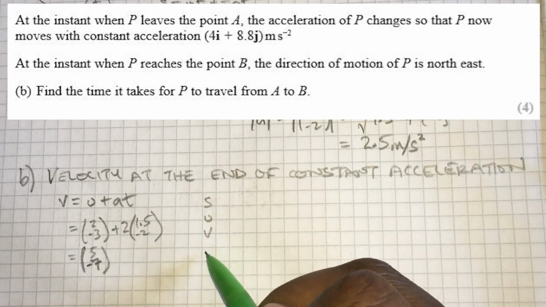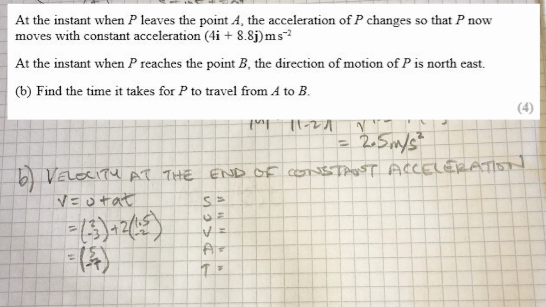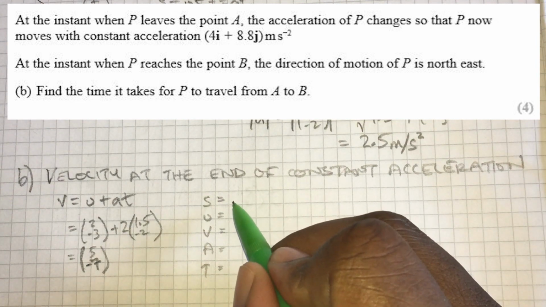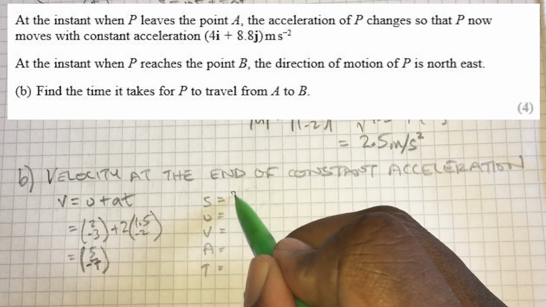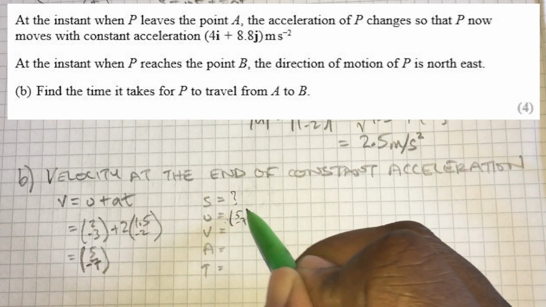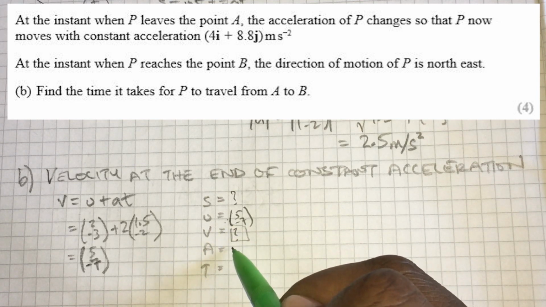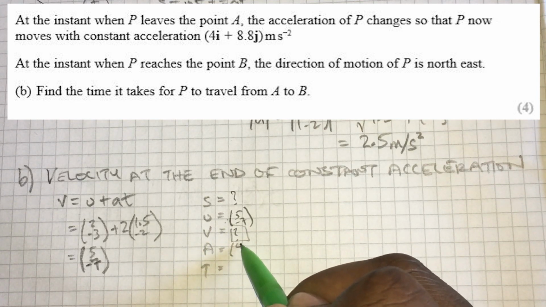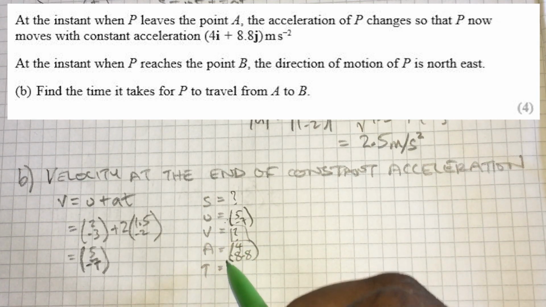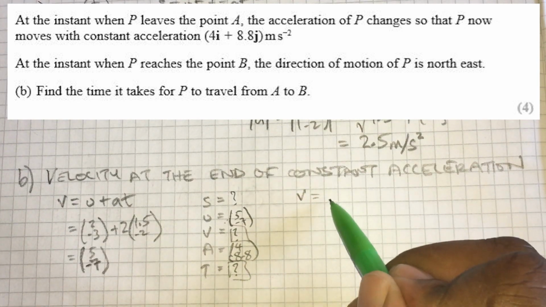So if we now think about the second part of the journey from point A to point B, we want to get an expression for the velocity there. Not interested in displacement, and we don't know it, but we do know the initial velocity at A. Unsure of the final velocity is what we're trying to find. The acceleration is given to us in the question, it's 4 and 8.8, and the time we'll also be trying to find as well.